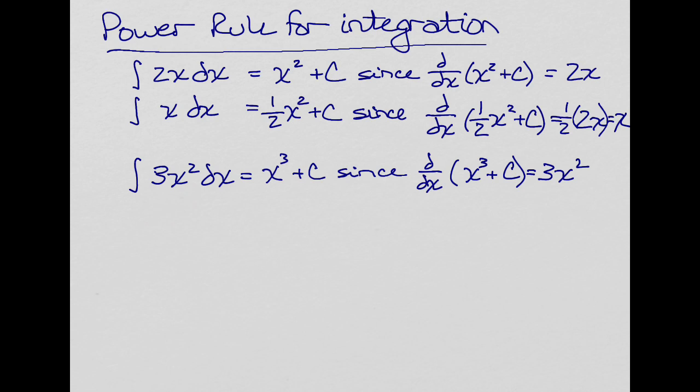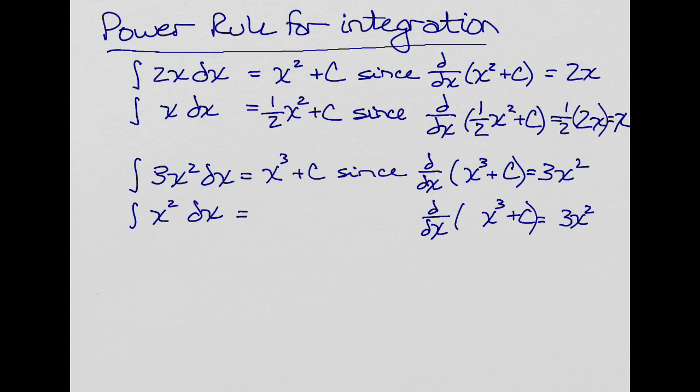But then again, what if I leave off the 3? Now it's not quite the same. I know that the antiderivative has to be some kind of x cubed. And I know there can be a constant there because the derivative of a constant is 0. But the derivative of x cubed is 3x squared, and I only want 1x squared.